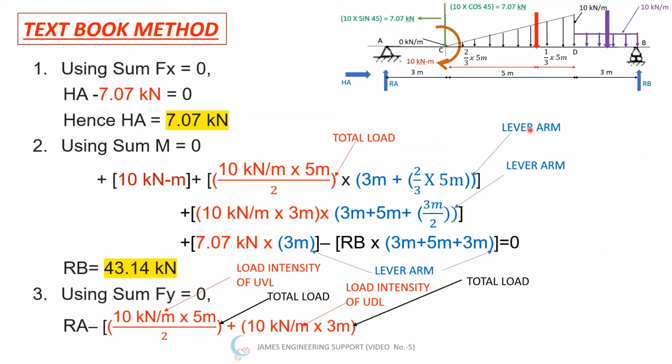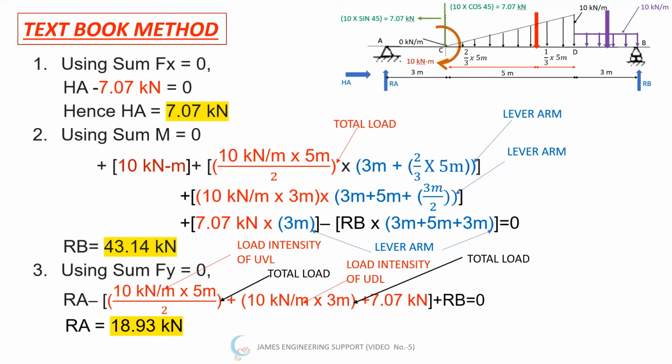Now I'm considering the partial UDL, that is 10 kilonewton per meter multiplied by 3. Then the vertical point load of 7.07 kilonewton. Then plus RB, which will be positive upward, and we will equate it to 0. Then we will add the value of RB, 43.14, in this equation.